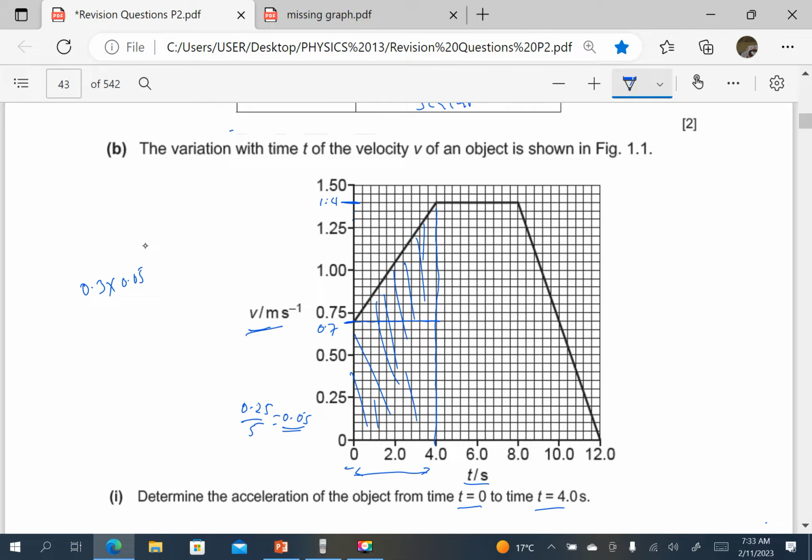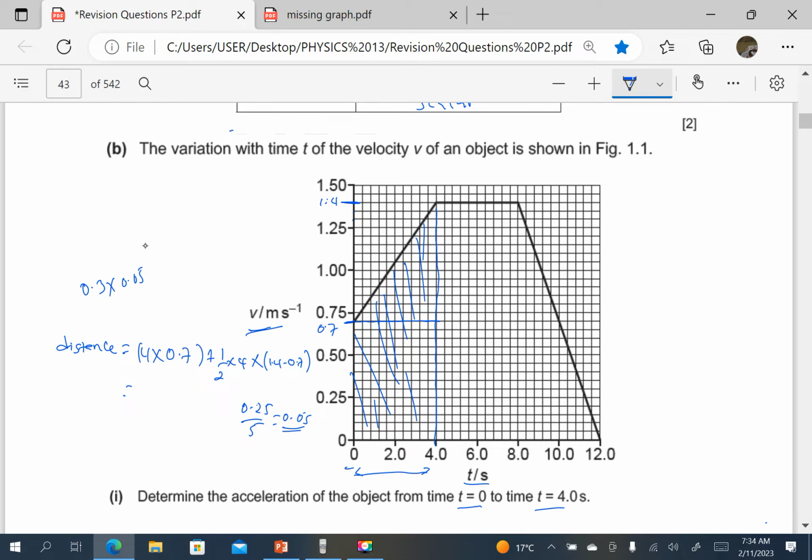So it means the distance is going to be, for the rectangle, the length 4 times the vertical, which is 0.7. Then plus the triangle, which will be a half, times the base, which is 4, times the height, which is 1.4 minus 0.7.